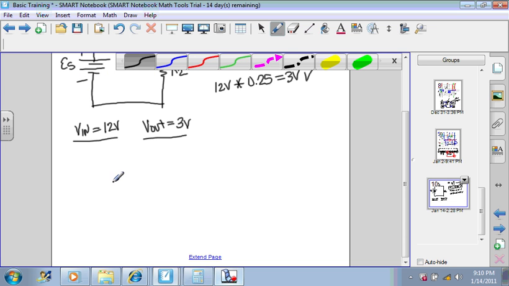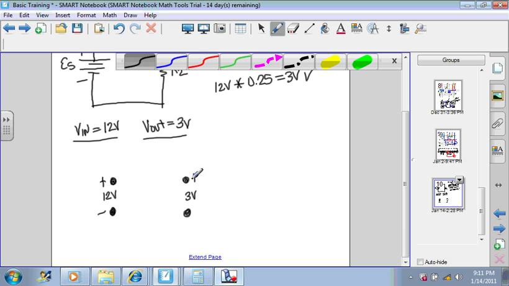We only know that somewhere, if 12 volts becomes available on these 2 points, if 12 volts of energy exists between these 2 points, then somewhere over here between these 2 points, we want 3 volts. That's all we're really concerned about.